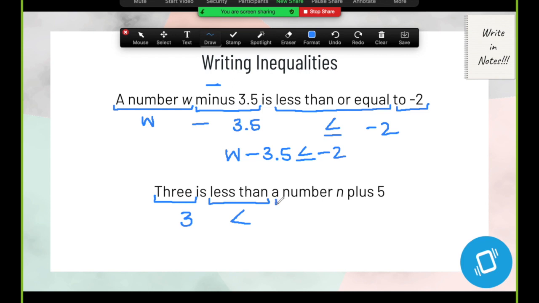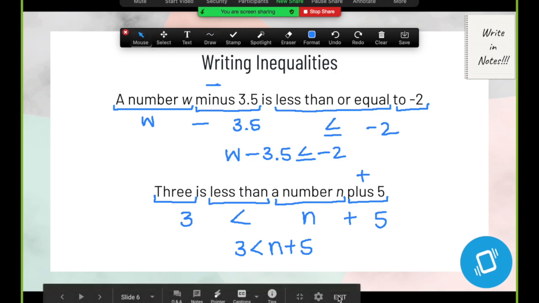And then it says a number n, so I'm going to drop down the variable n, and it's plus 5. I know that plus for operations means addition, so I'm going to write down the plus sign and then add 5 to there. So in my equation, I get 3 less than n plus 5. Okay. And so what I'm going to do right now is exit out, and then we can practice some right now.